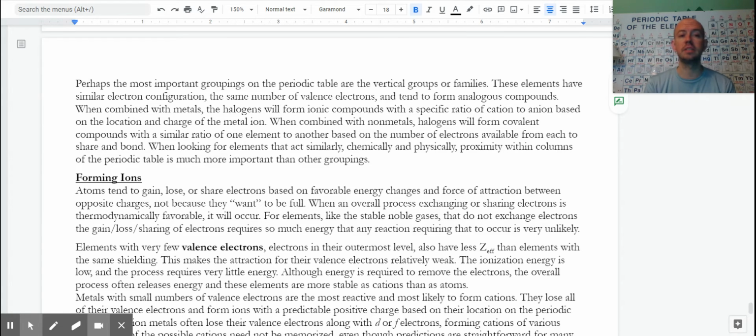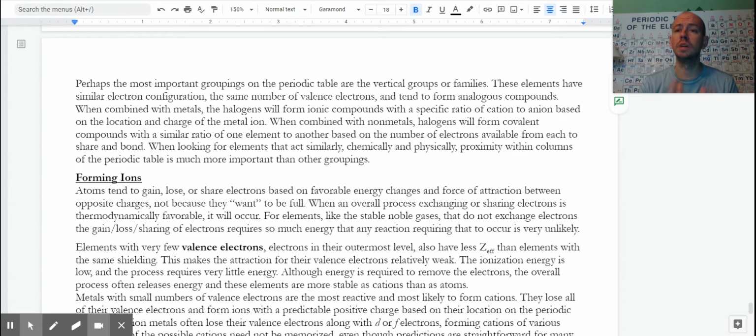The similarities in electron configuration, valence electrons, mean that they form similar compounds. So whether we're talking about metals and what ions they normally form, or a non-metal and its ability to either form an ion or to share electrons and form a covalent compound, there is a pattern that we see there, and that's probably the best predictive power that we have.